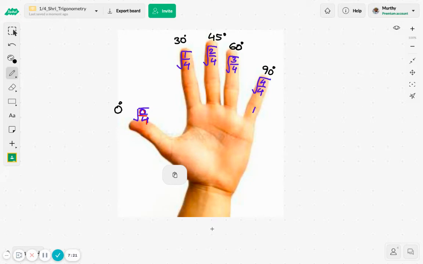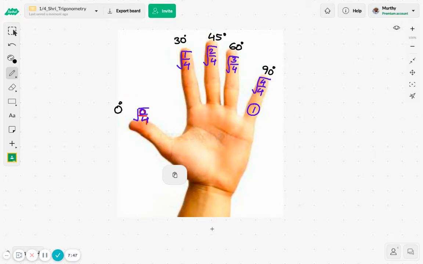Let's say I have to remember the value of sine 60. I used to think, okay, I don't want 0 degrees, I don't want 30, I don't want 45, I want 60. So this is the finger I have to think of, that is 60 degrees.